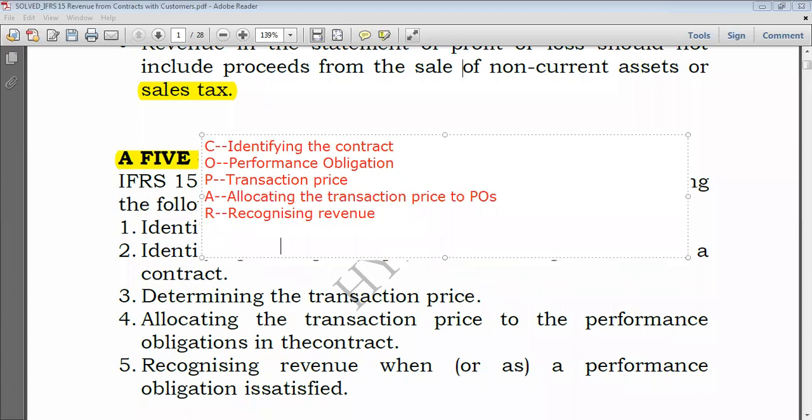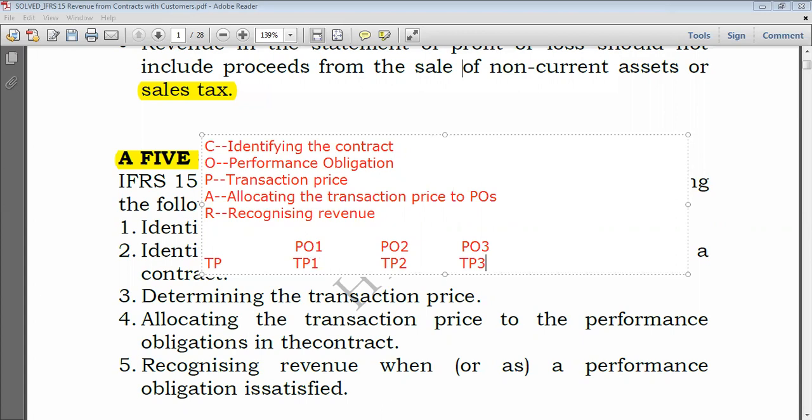Let's say you have performance obligation number one, but also performance obligation number two, and lastly, performance obligation number three. And then you had a single transaction price. Now, by following what I've just said, you would break down your transaction price for each performance obligation. For performance obligation one, you would have transaction price one. Then for two, you would have transaction price two. And for three, you would then have transaction price three.